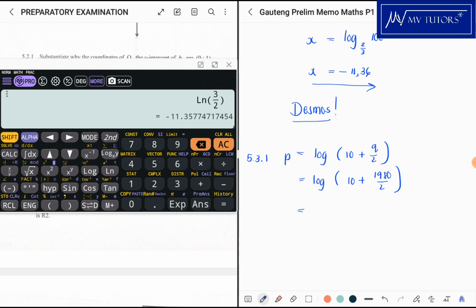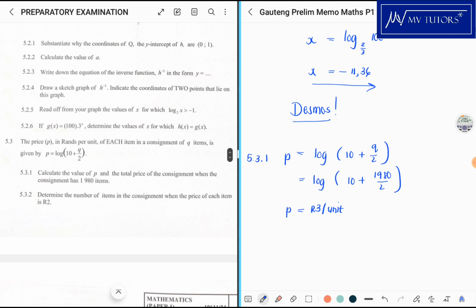So we have log of 10 plus 1980 divided by 2. And we can see the answer is 3. So we have 3 rand per unit, because they told us that the price is rands per unit, and they asked for the value of P. Now we also need the total price.